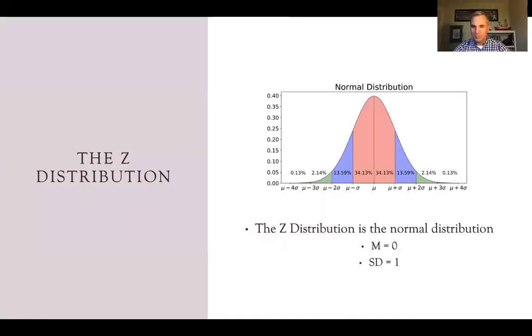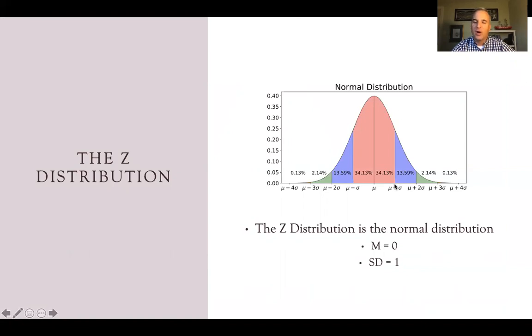The Z distribution is just the normal distribution. It's just a way that we refer to the normal distribution. So Z is a particular test statistic that we use. And Z is distributed normally by definition, a normal distribution with a mean of 0 and a standard deviation of 1. So a Z of 1 falls right here, right? Because here is 0, 0 plus 1 standard deviation falls right here.